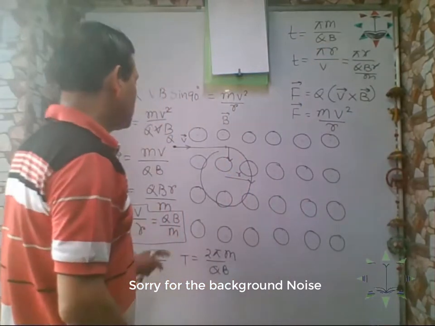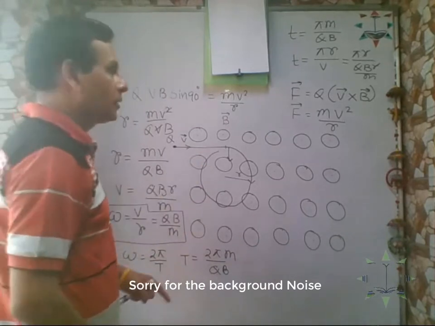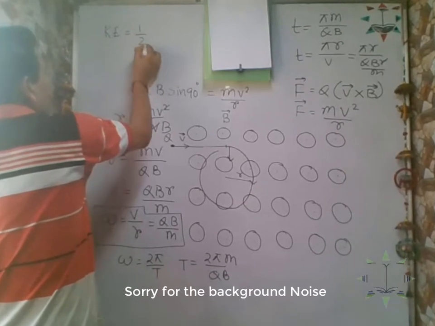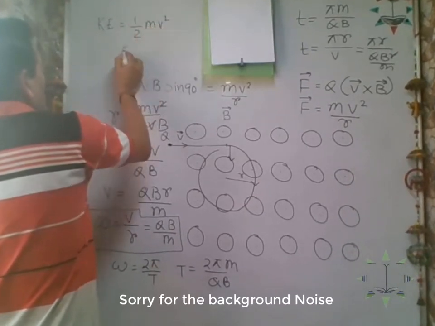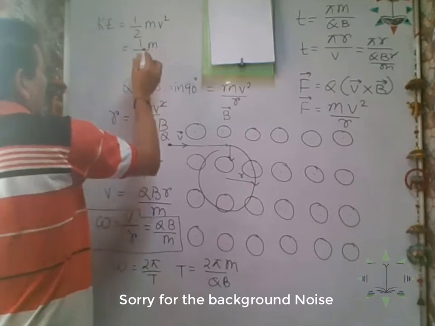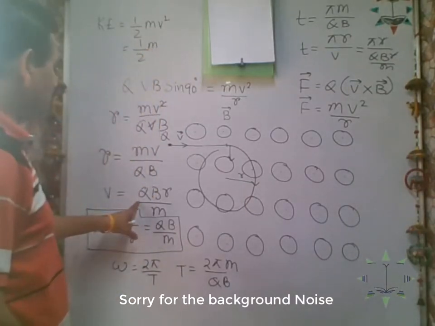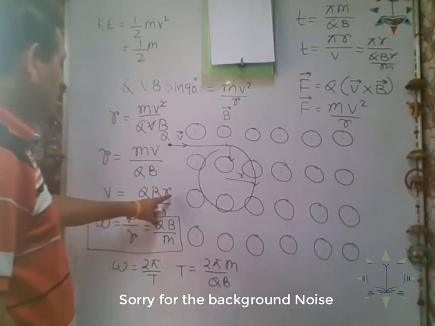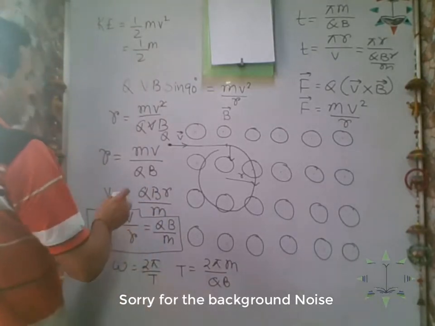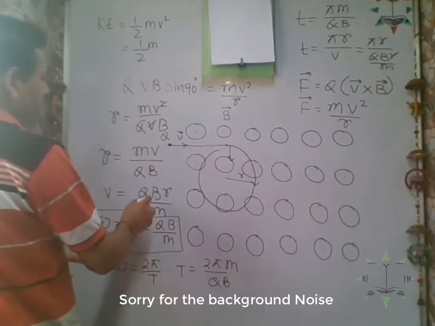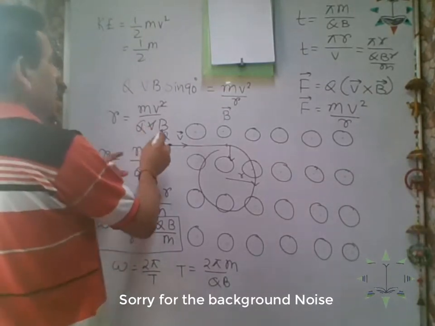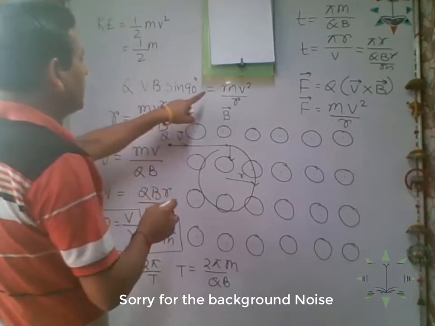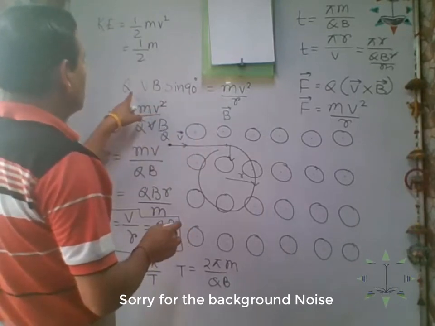What is the kinetic energy of the particle that is covering this path? Kinetic energy is equal to half into m into v square. So half into m into velocity square. Velocity square is how much? Velocity is q b r by m, so we can write the velocity as this, okay. mv square is equal to how much?